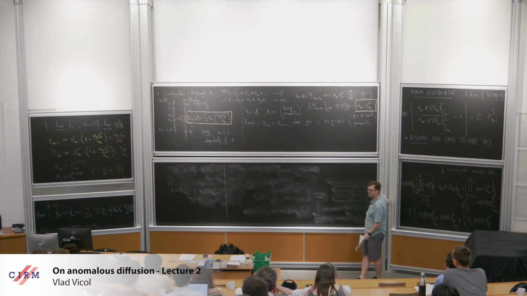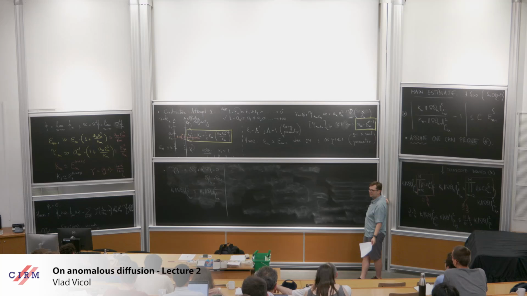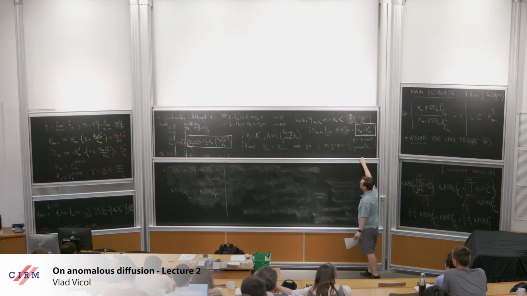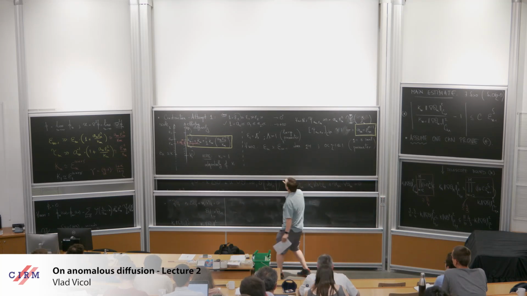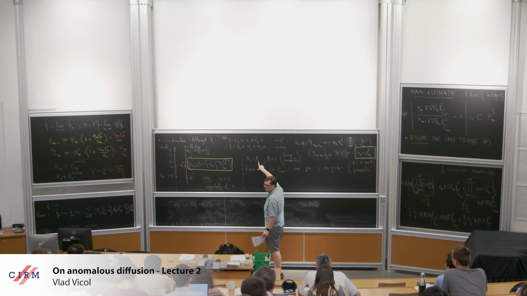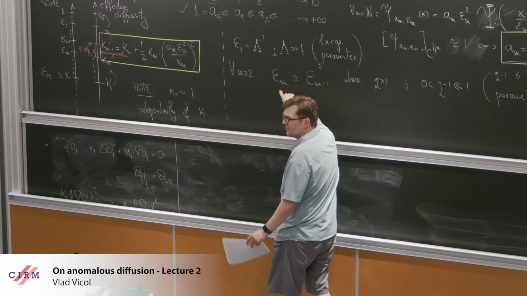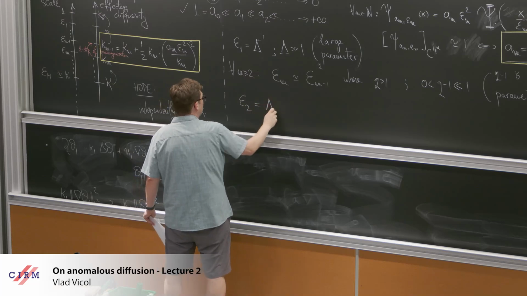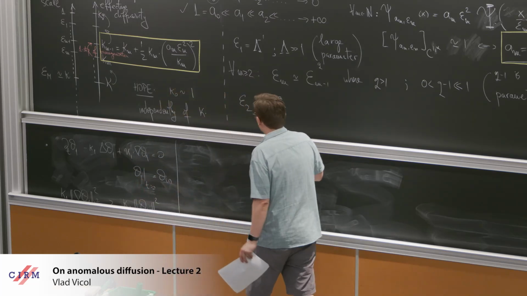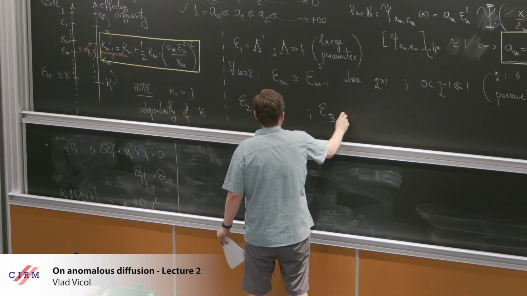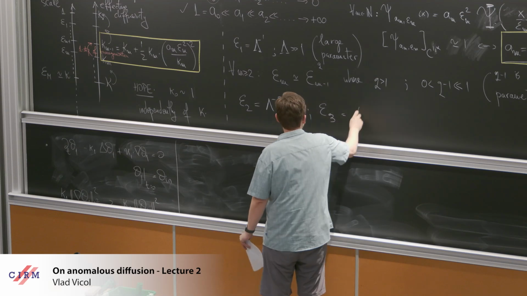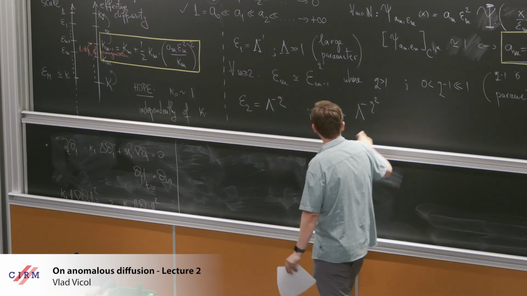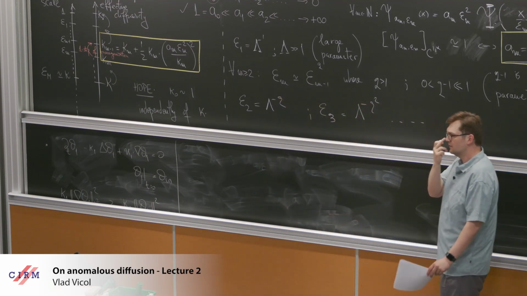Maybe it's 1 over 10 to the minus 50. So maybe this is completely irrelevant for anything. So you pick a small number, and then recursively keep doing this. So epsilon 1 is this, epsilon 2 is lambda to the minus q, epsilon 3, you know what I mean, right? So they're chosen.